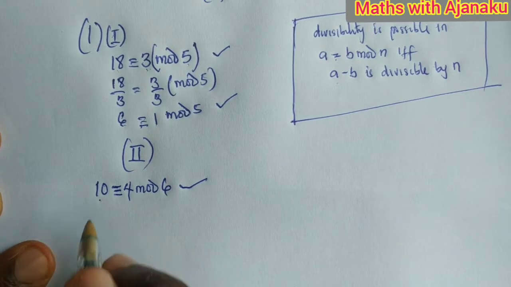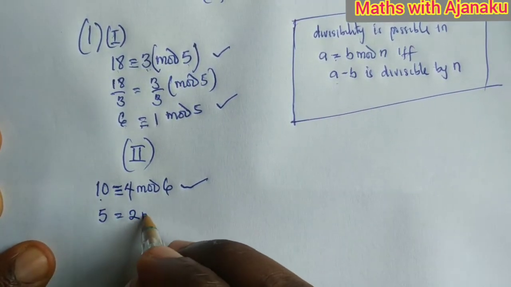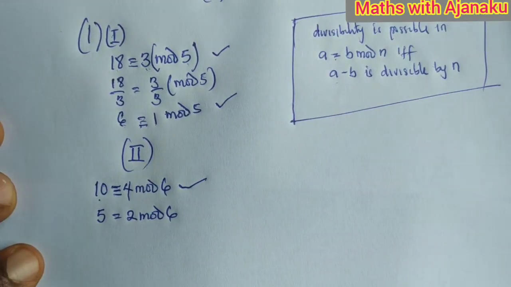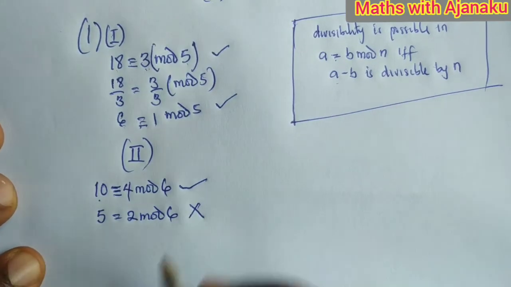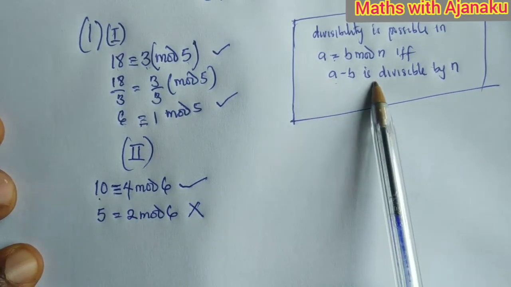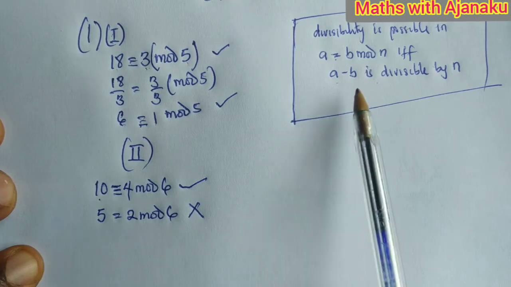If we try that, this is going to give me 5 equal to 2 modulo 6. If you look at that carefully, you would see that this is not true. The first is satisfied, but this is not satisfied. This doesn't satisfy the rule.